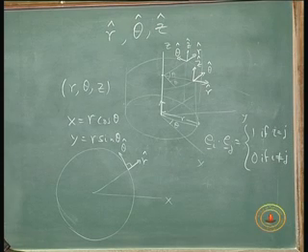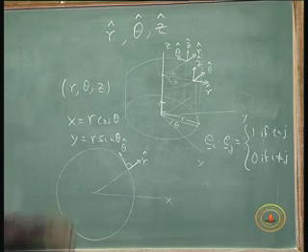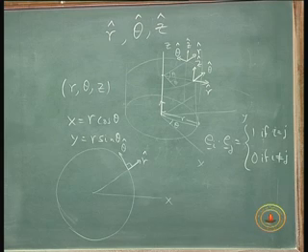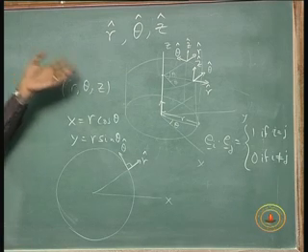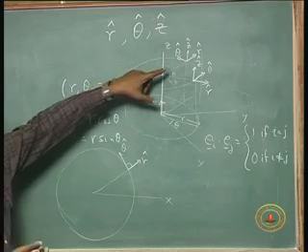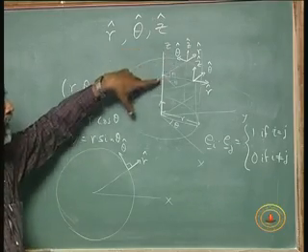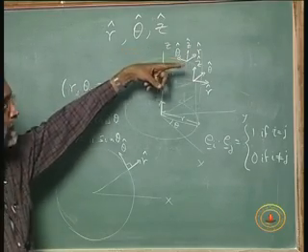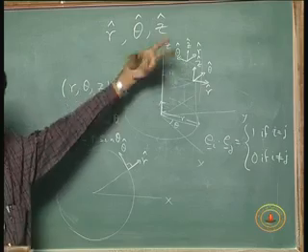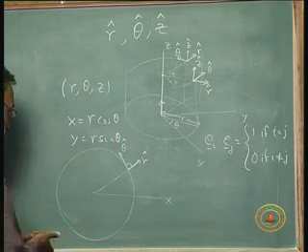Similar to cylindrical coordinates, there is a spherical coordinate system. I will introduce that later. It is introduced in the book and you can read it up, but there is no new concept there. It is the same idea that if you move along one of the coordinates keeping the other two fixed, you get a direction, and that direction defines a unit vector.